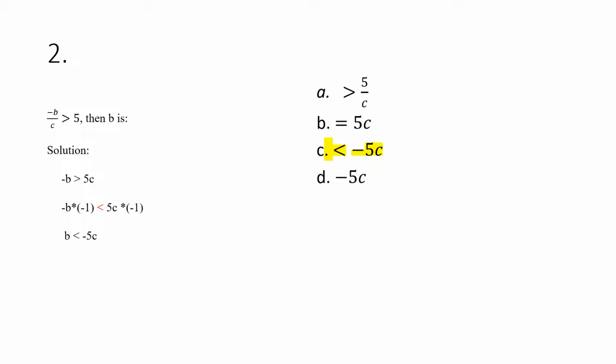For number 2, the expression -b over c is greater than 5. To get an expression for b means to isolate b on one side of the inequality. We do this by shifting c to the other side, and we have -b is greater than 5c.